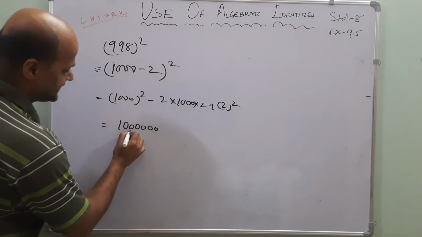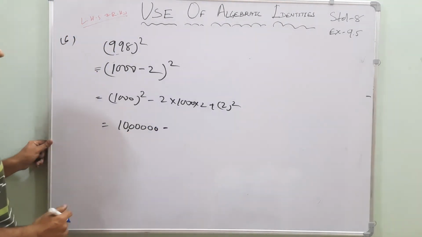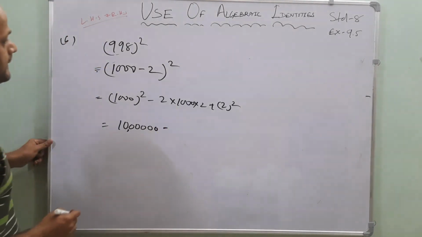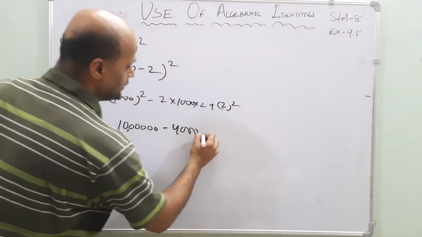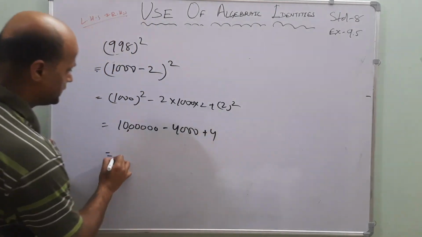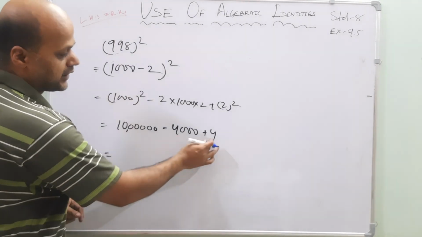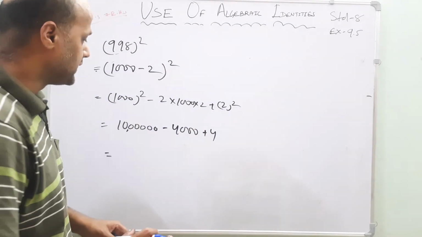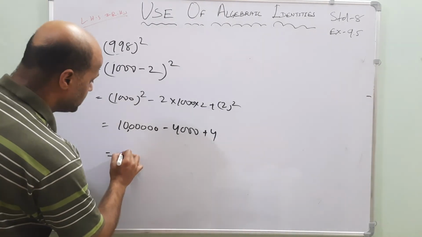Yes, 10 lakhs. Minus, how much is it coming? 4,000. Yes or no? Plus 4. So, first you can subtract it or you can add it. No problem is there. Do it.